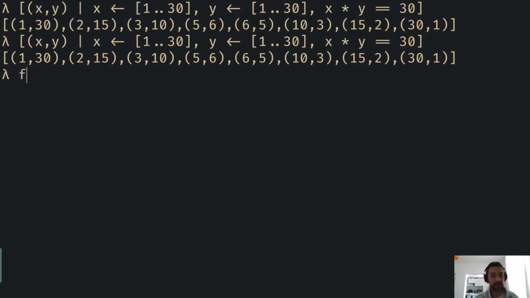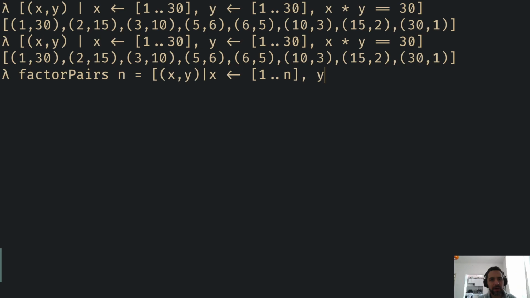It would be factor pairs n. So we would write x and y, that would be the pair, and into the x we put what? 1 to n, right?